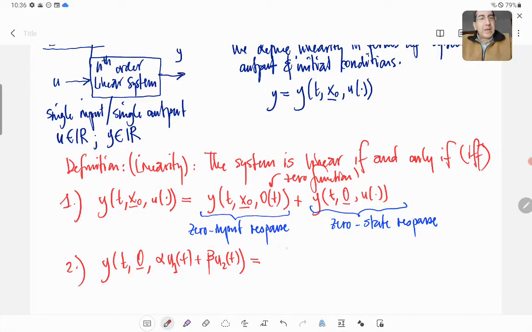So the output for a combined input should be equal to the combination of the outputs.